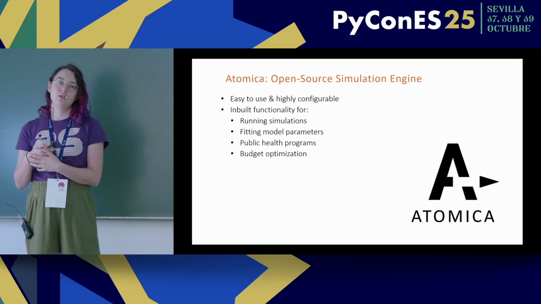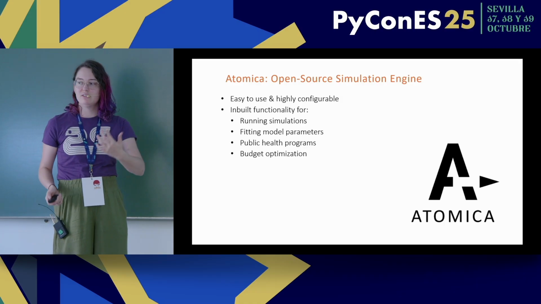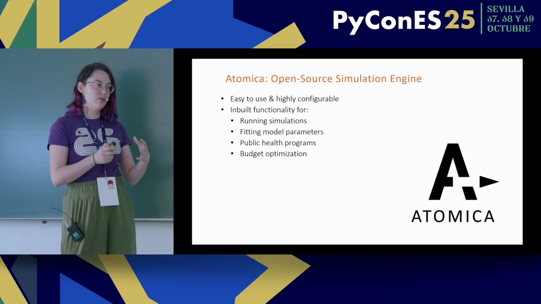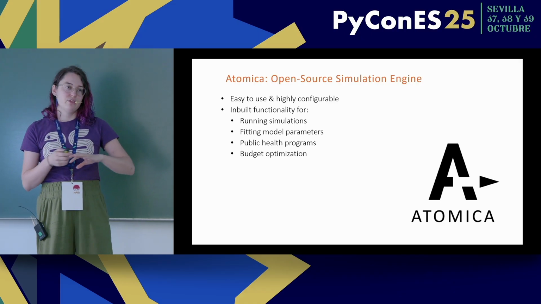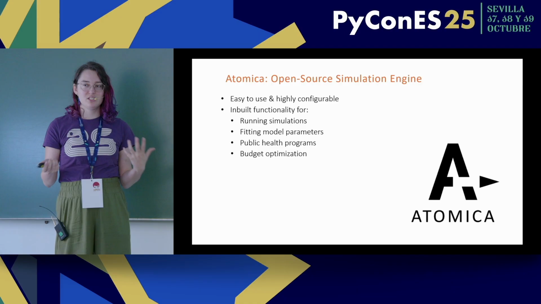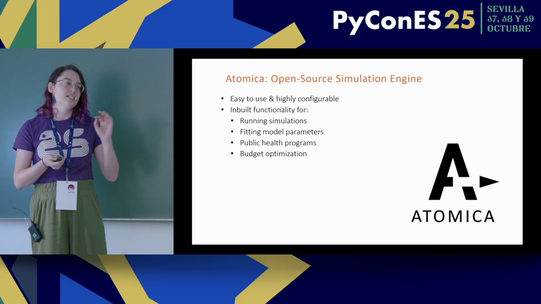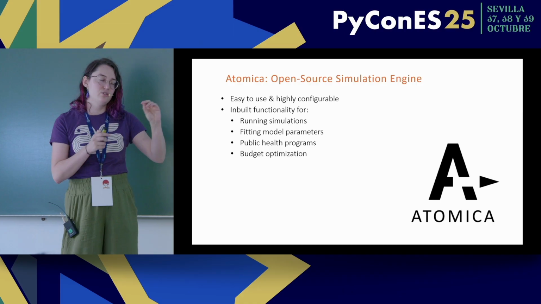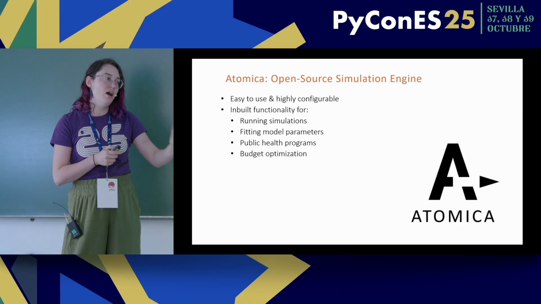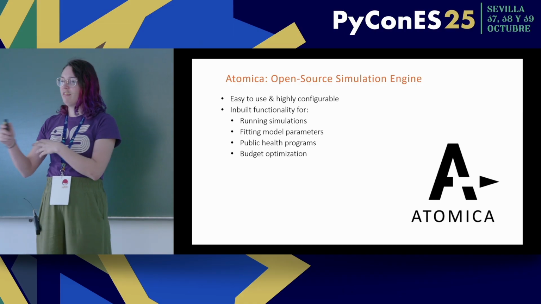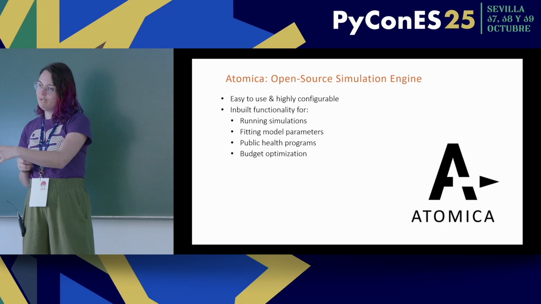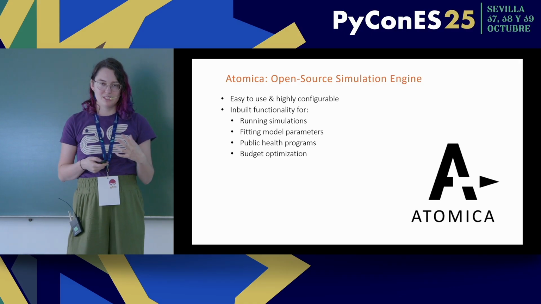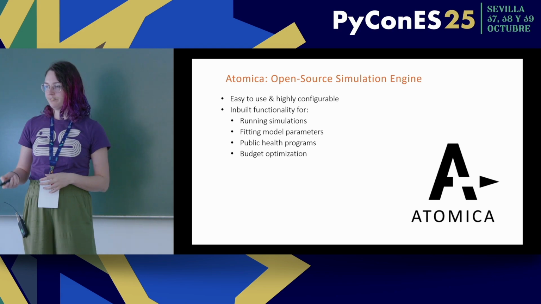So for example, if we have a whole series of interventions that we're thinking of implementing, we could get Atomica to tell us, okay, well, the most efficient and optimized way of using your budget is spend 20% of it on tailored testing to specific populations that are high at risk, and then another 30% on treatments of the specific type. And we can get more and more complex with this, but that's the basic idea.